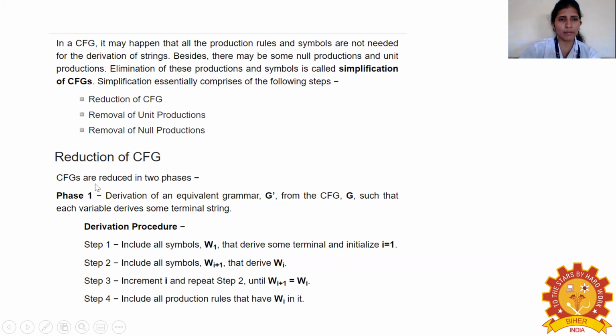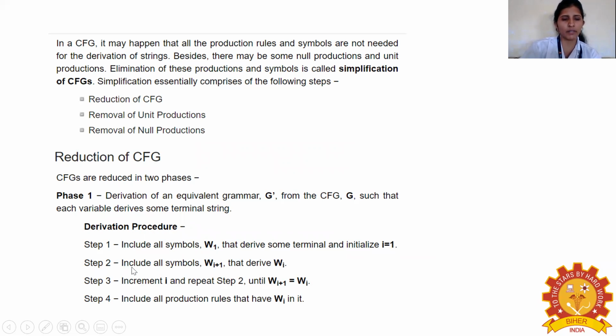Context-free grammars are reduced in two phases. Phase 1 is the derivation of an equivalent grammar G' from the context-free grammar G, such that each variable derives some terminal string. The derivation procedure is as follows. Step 1, include all the symbols W1 that derive some terminal and initialize i = 1.